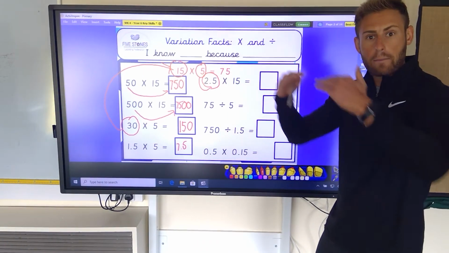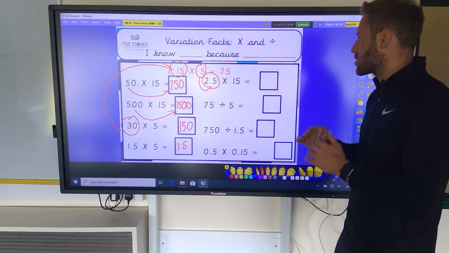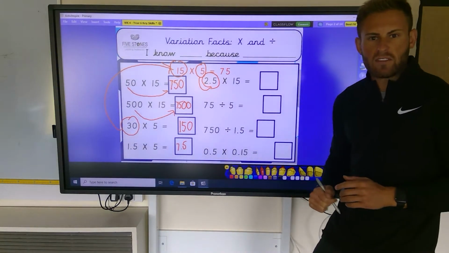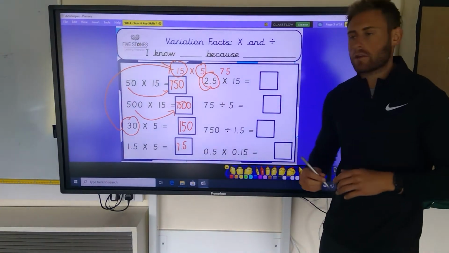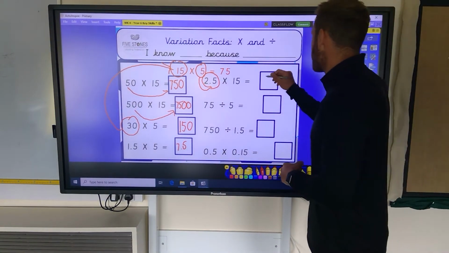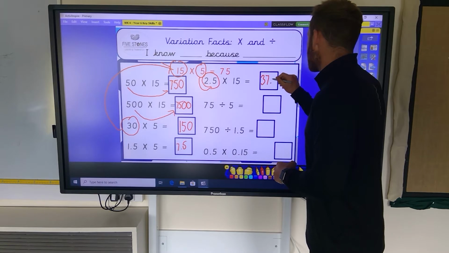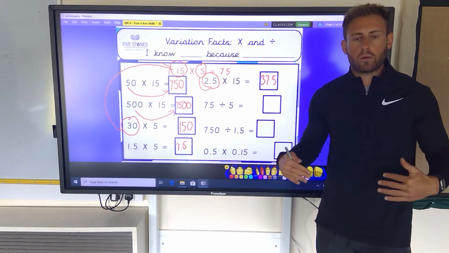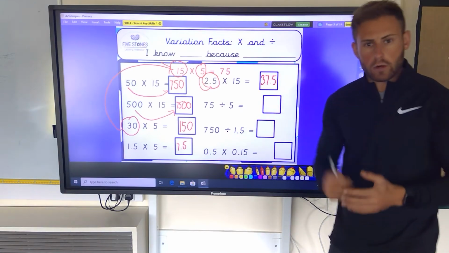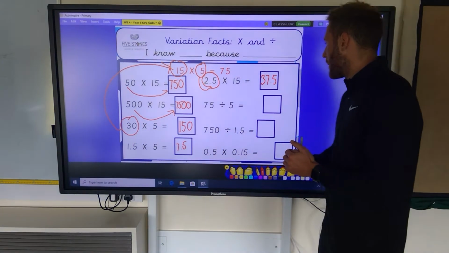That has the same impact on both sides of that equation. So half of 75, half of 70, 35, half of 5 is 2.5, add them together, you get 37.5. So don't be afraid to partition off, do the work and then bring it back together. That's a real good way of being efficient with your maths.